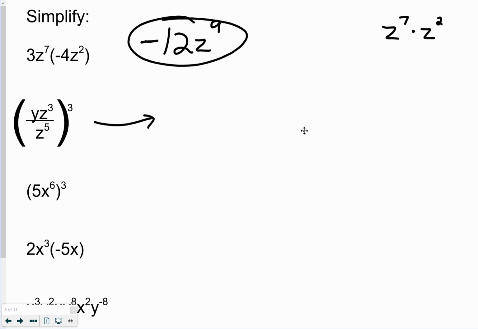So we have y going nowhere, because there's no other y. Here's how I always tell students to think about it when you have the same base in the top and the bottom. Which one has more z's? The bottom, right? Because 5 is bigger than 3. How much bigger is 5 than 3? 2.